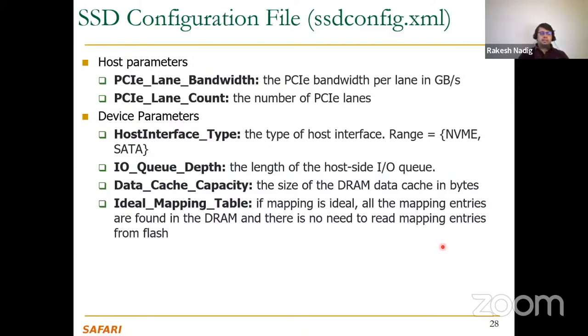This is not the case in a real SSD, but we can do this for checking the ideal performance. Otherwise, the SSD only stores a part of the entries in the DRAM, which is defined by the cached mapping table size. And if there is any entry missing in the cached mapping table, then it has to go to the backend to fetch the mapping table entry.